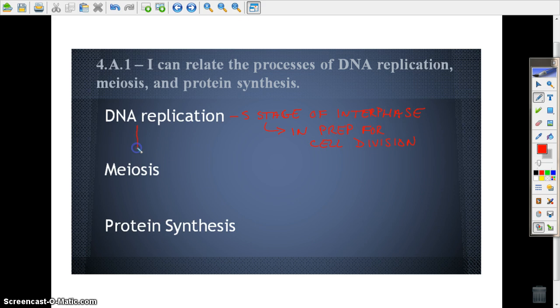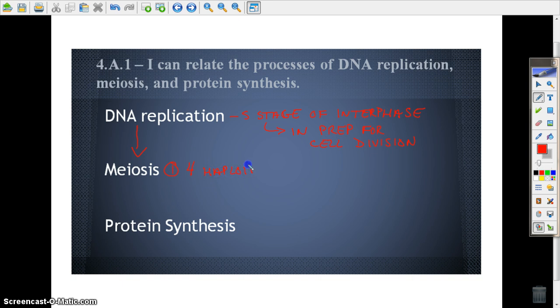However, when we go through DNA replication in meiosis, there's a little bit of a difference. Basically, we're going to go through the G1, S, and G2 before meiosis 1 for a couple of reasons. Number one, we want to make sure that when we create our 4 cells at the end, our 4 cells are haploid in number.